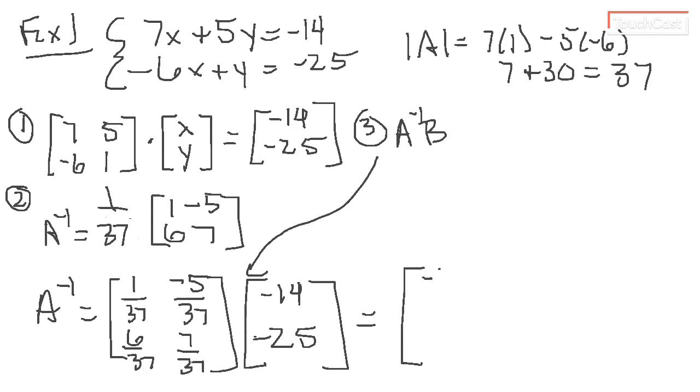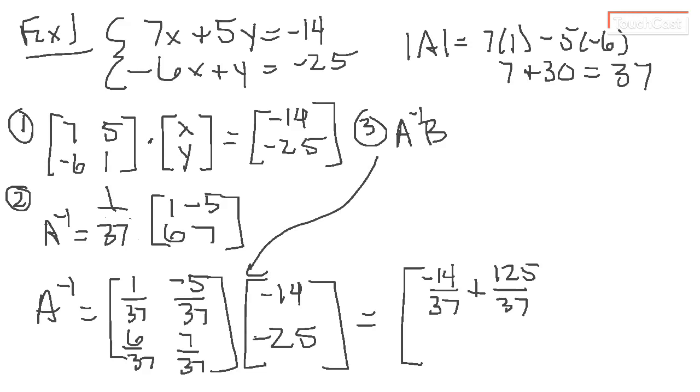I'm going to go 1/37 times negative 14, which is going to give me negative 14/37, plus negative 5/37 times negative 25. That's going to give me 125 over 37. Now I do the second row.